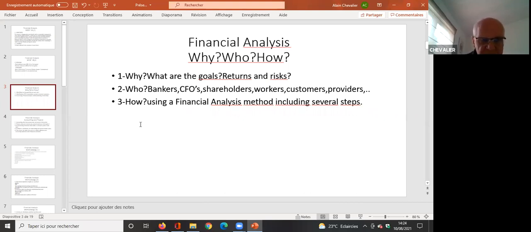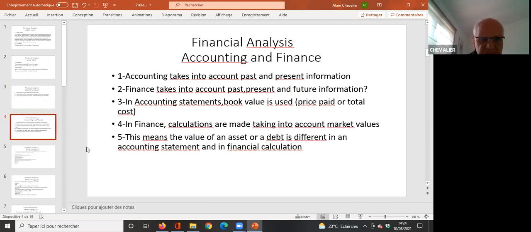So now let's move to slide number 4, which is a slide on accounting and finance.